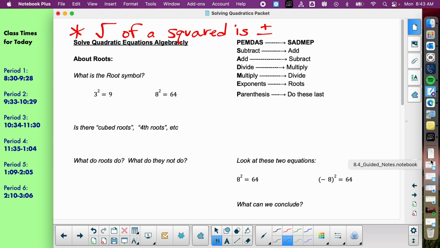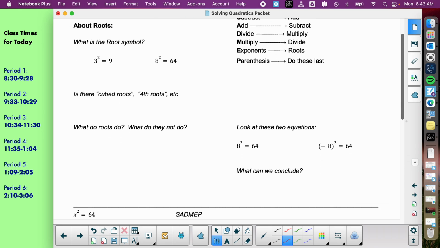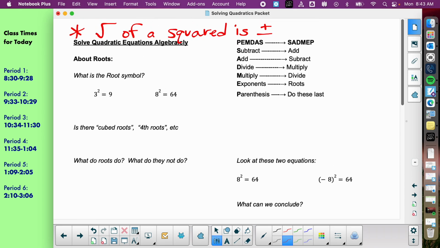SADMET, if you're wondering, is how you use PEMDAS in reverse. Okay, but up at the top of your page, put that. If you've got a little highlighter, if you want to sit by each other, you've got to actually watch their notes. If you have a highlighter, that would be a good thing to highlight. Because that's something you're going to want on your cheat sheet when we get to that point.